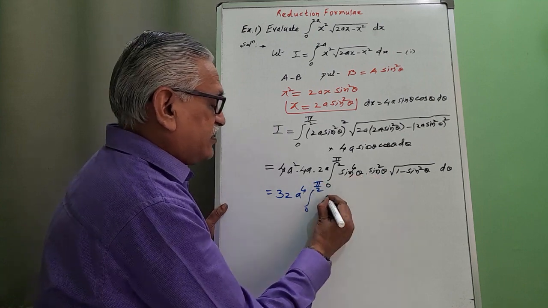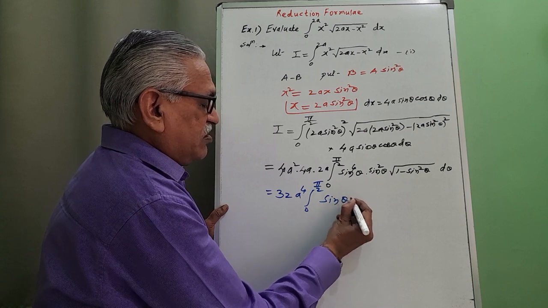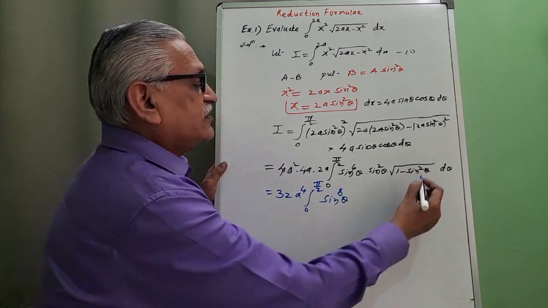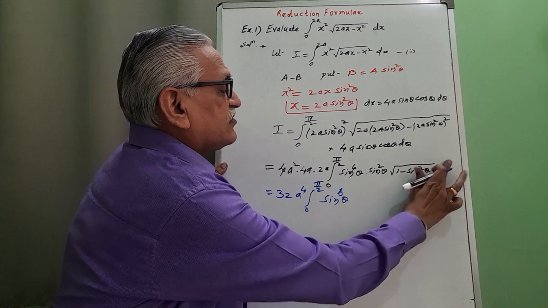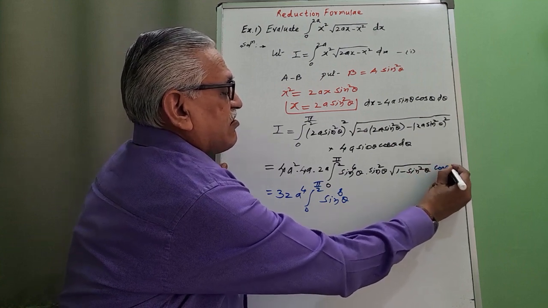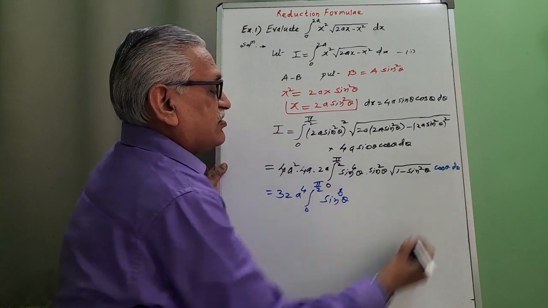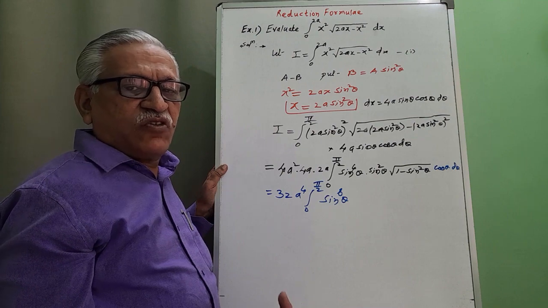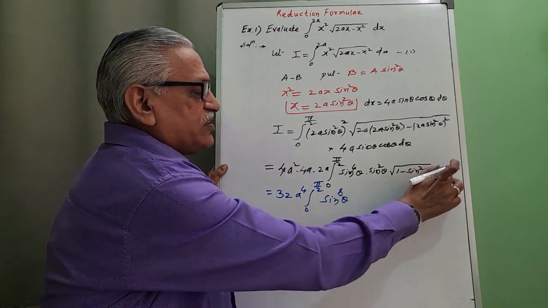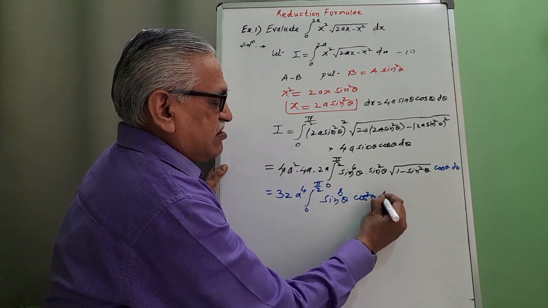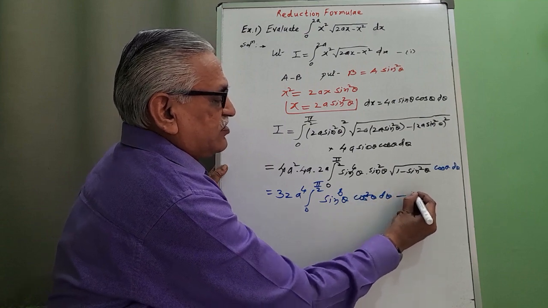This one is sine theta raised to 6 and 1 minus sine square theta is cos square theta, and the square root of that cos square is cos. This cos and this cos become cos square theta d theta. We call this equation 2.